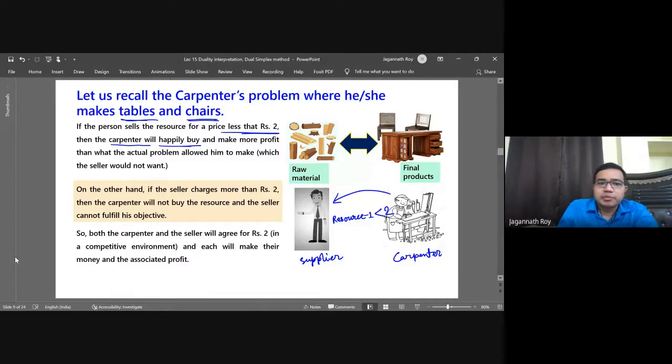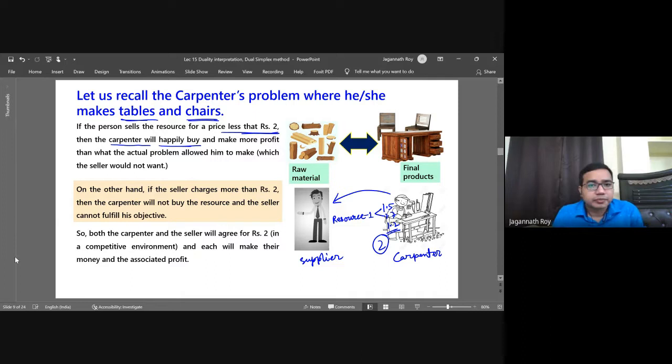Then the actual problem allows it. So suppose the price of this resource 1 is 1.5 or 1.7 or 1.2 or something else, then the carpenter can make more profit, because this marginal value is actually 2. At the optimum level, the marginal value can go up to 2.